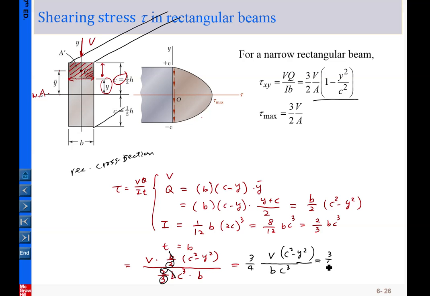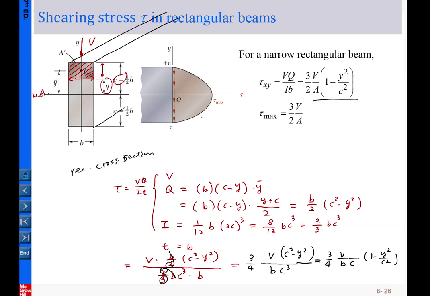So that is 3/4 V over bc, times 1 minus y squared over c squared. We're almost done.